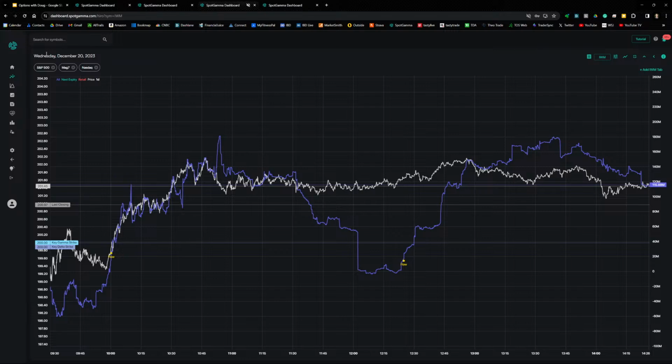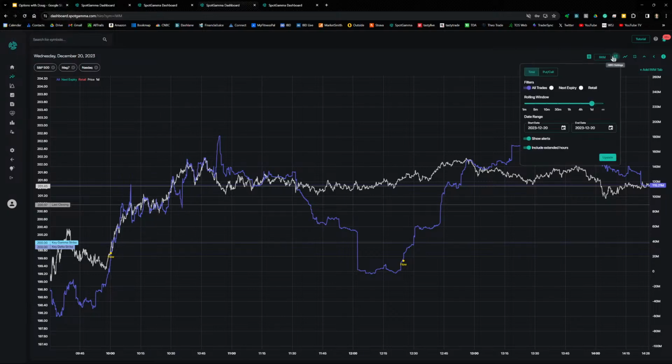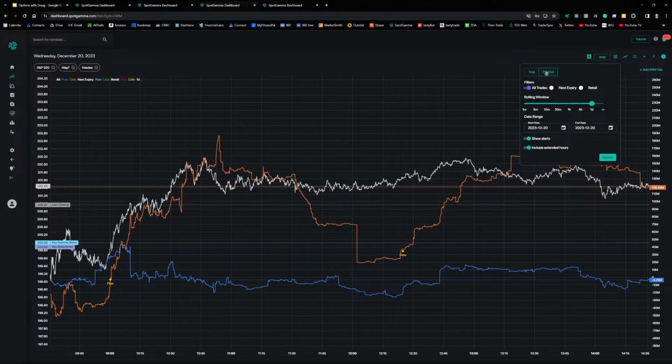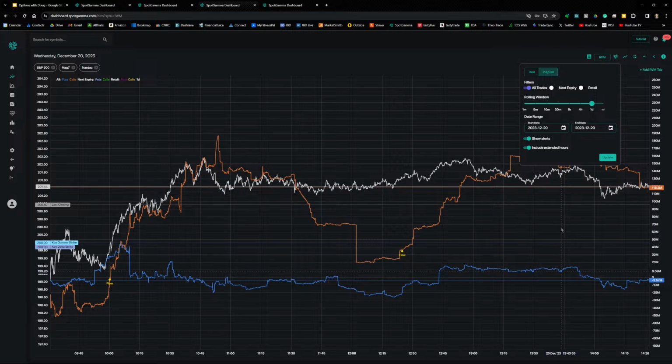So bullish day for IWM, trading above the 200 key gamma strike, and call buyers driving price action in IWM. Not much with puts. They are buying puts, but notional value for calls is 118 million versus notional value for puts of minus 3.57 million.